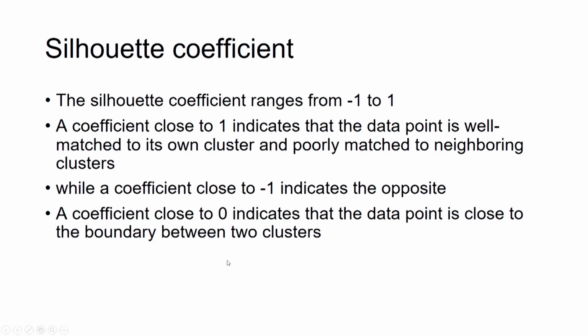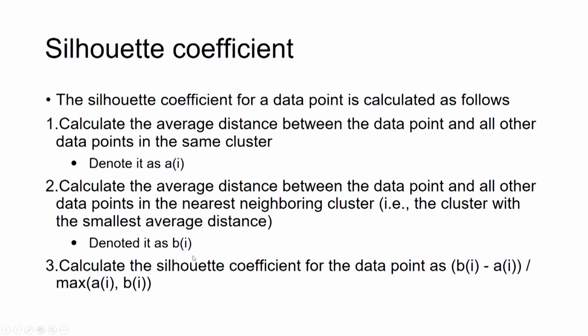So, using these Silhouette coefficients, we can find out what is the quality of clusters that you are getting as an output, or this can be used when, suppose, we are using the agglomerative clustering algorithm for finding different clusters.